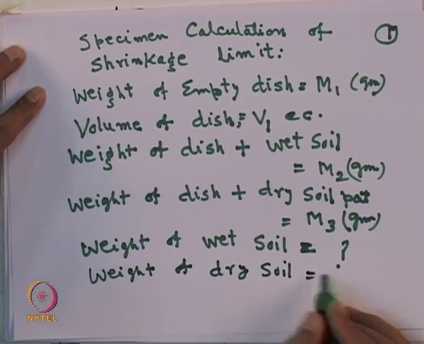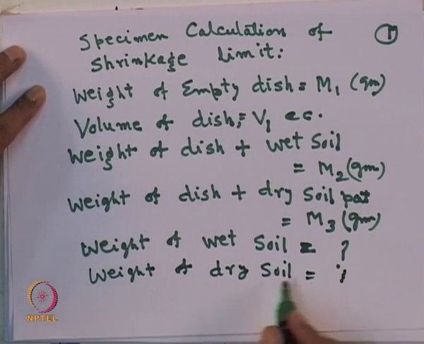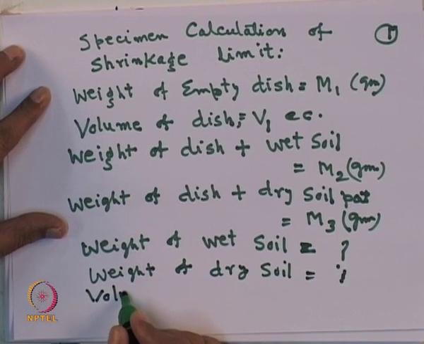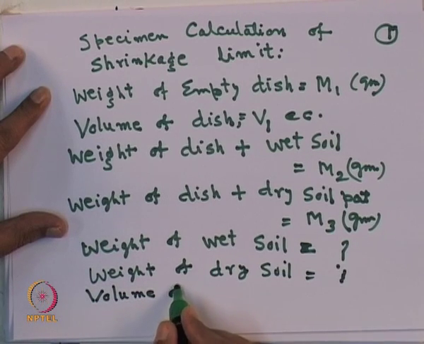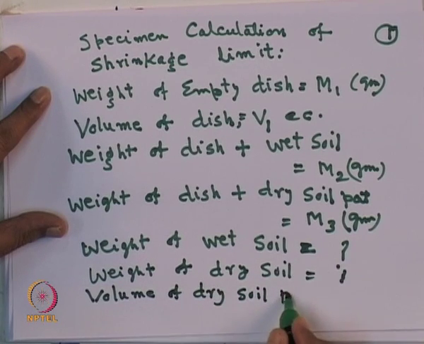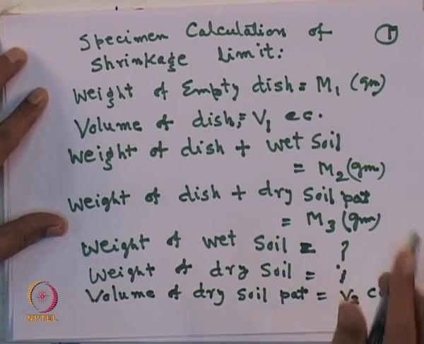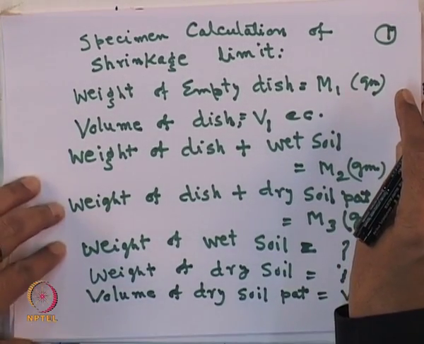You can calculate the volume of the dry soil pat, that is V2, in cc. Then you can calculate the shrinkage limit.